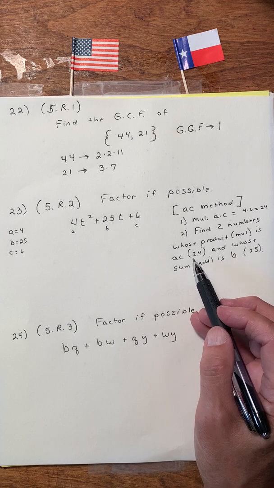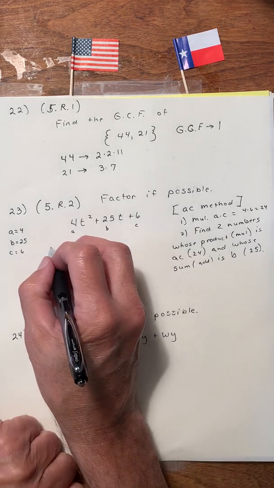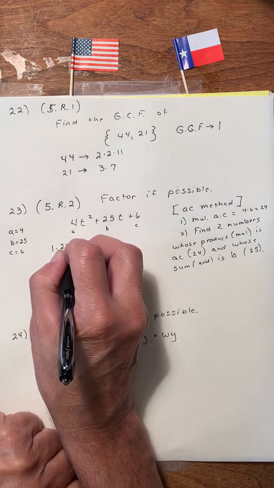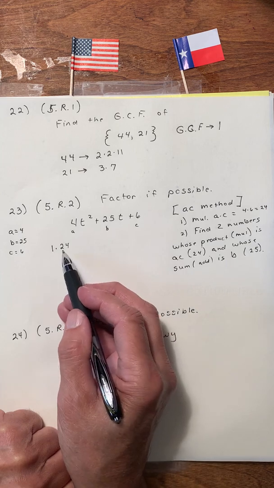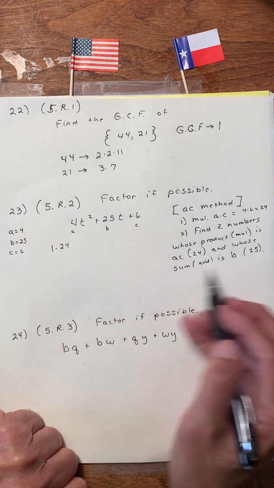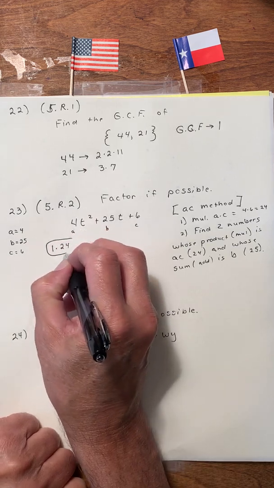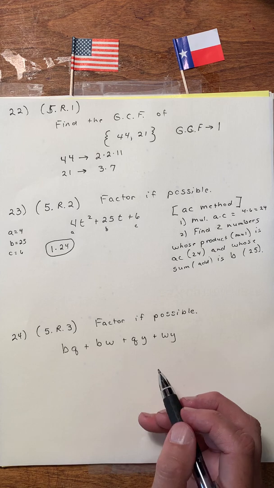So start thinking of things that multiply to give 24, like 1 times 24. I think we got our answer. 1 times 24 multiplies to give 24 and adds to give 25. Hey, that's it. That didn't take us very long at all. The very first thing we thought of works.